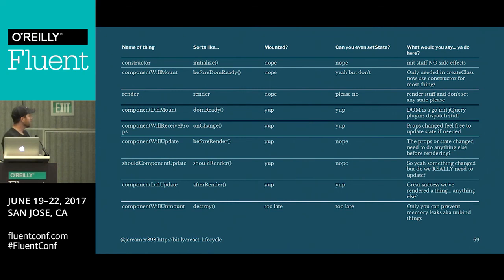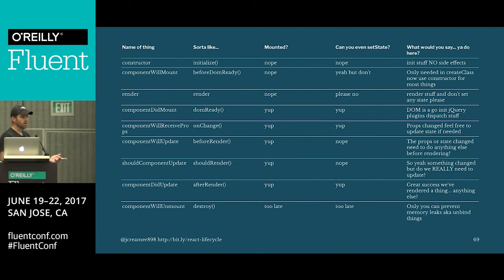So I've got all the different lifecycle methods in a column here, and their easier-to-read names. The constructor is initialized before DOM ready. I also put whether or not it's actually mounted in the DOM at this point.